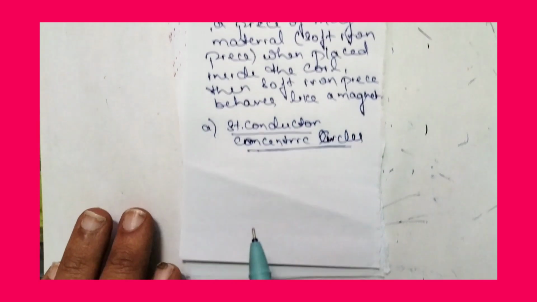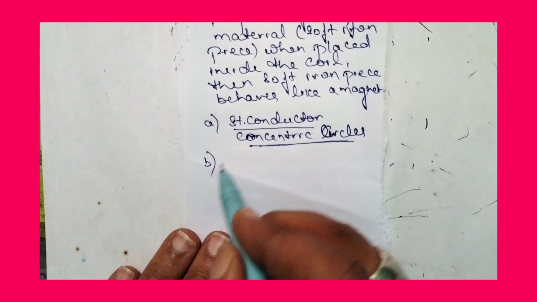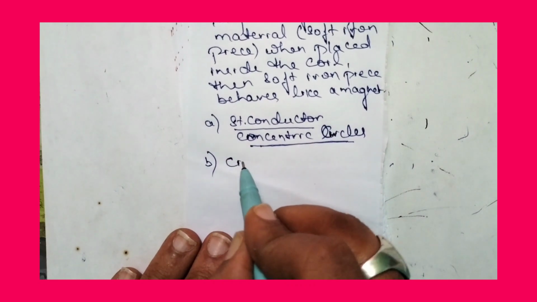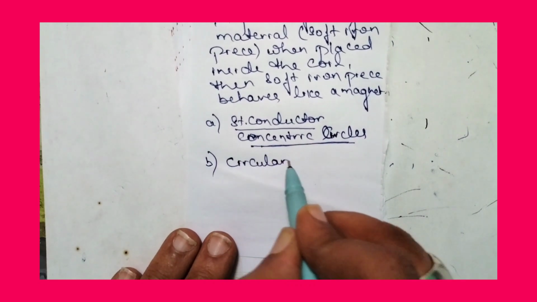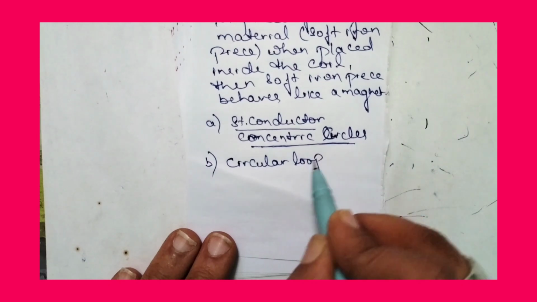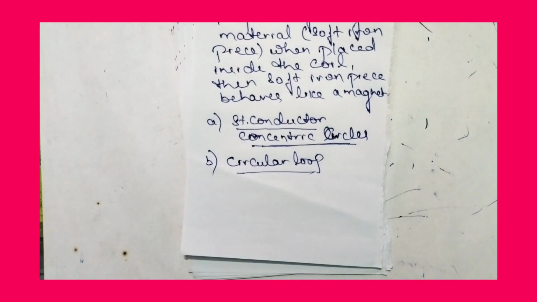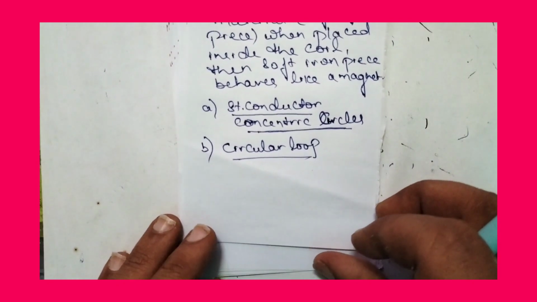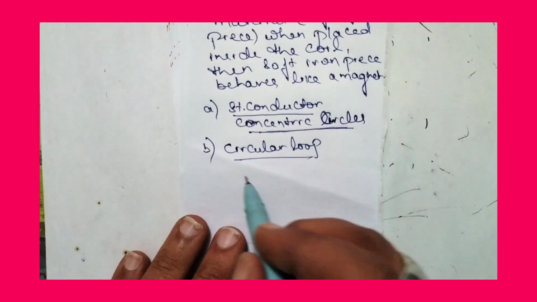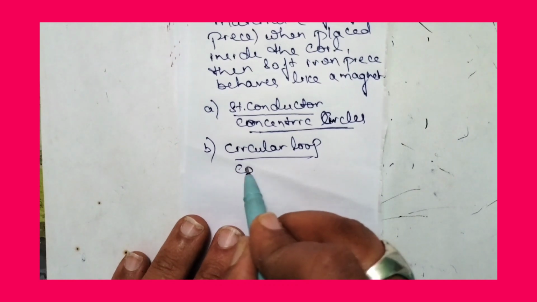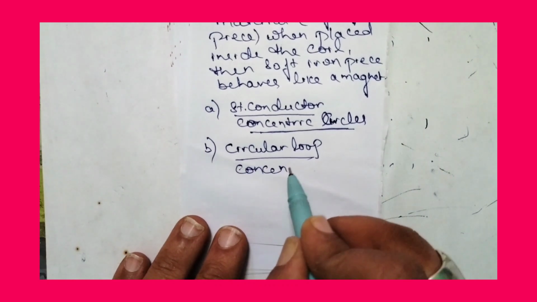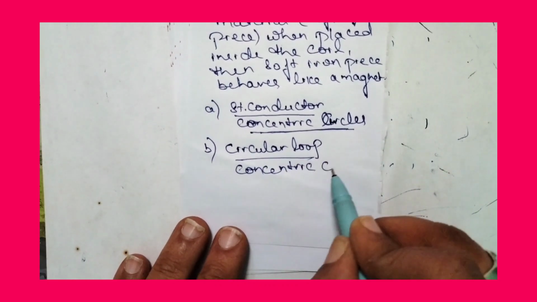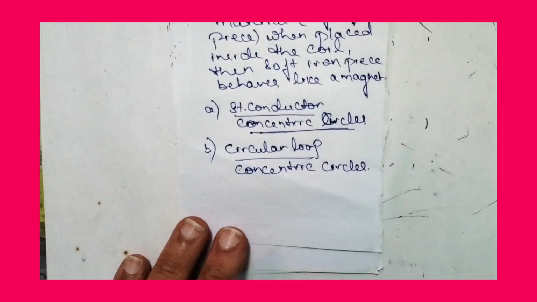This is the first thing you have to keep in mind. Second one, what is the pattern of the magnetic field in a circular loop? So how is the magnetic field in a circular loop? At each point the magnetic field lines will be in the pattern of concentric circles.